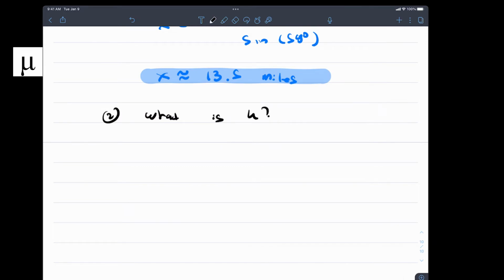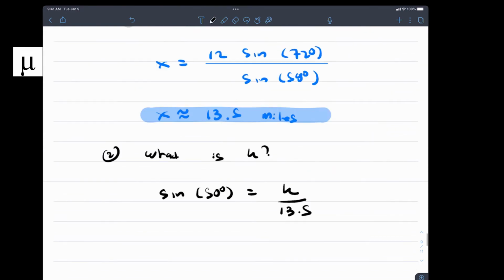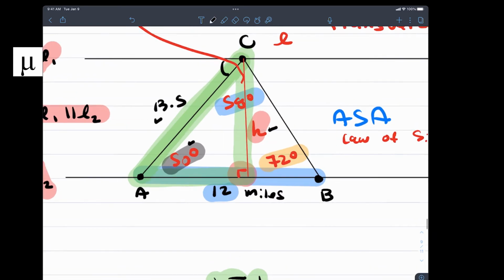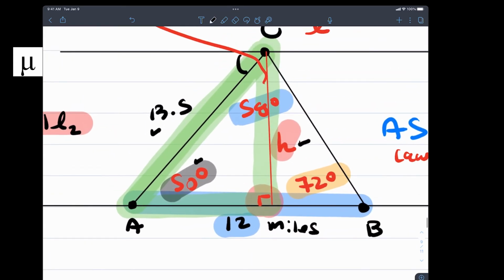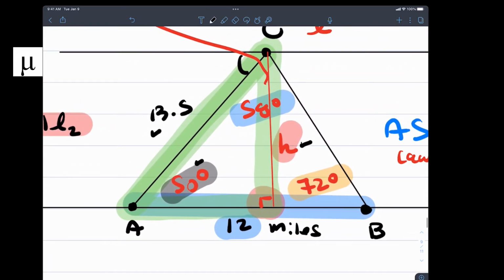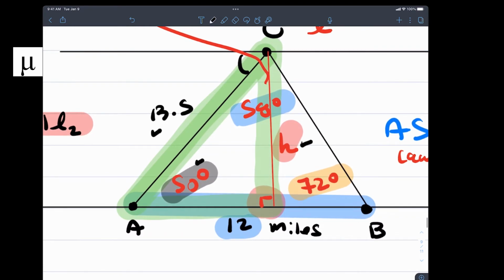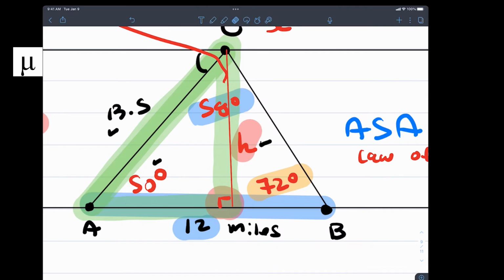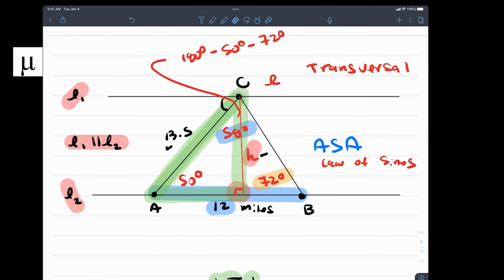Isn't that sine of 50 is opposite over hypotenuse? Let me double check. Yes, in the right triangle, we found the hypotenuse of 13.5. That green triangle. So sine of 50 by definition is H over 13.5.